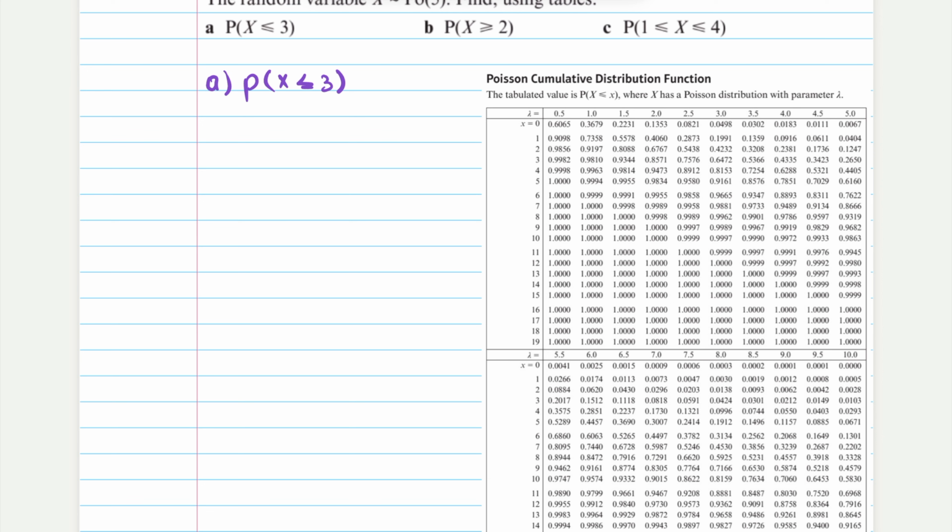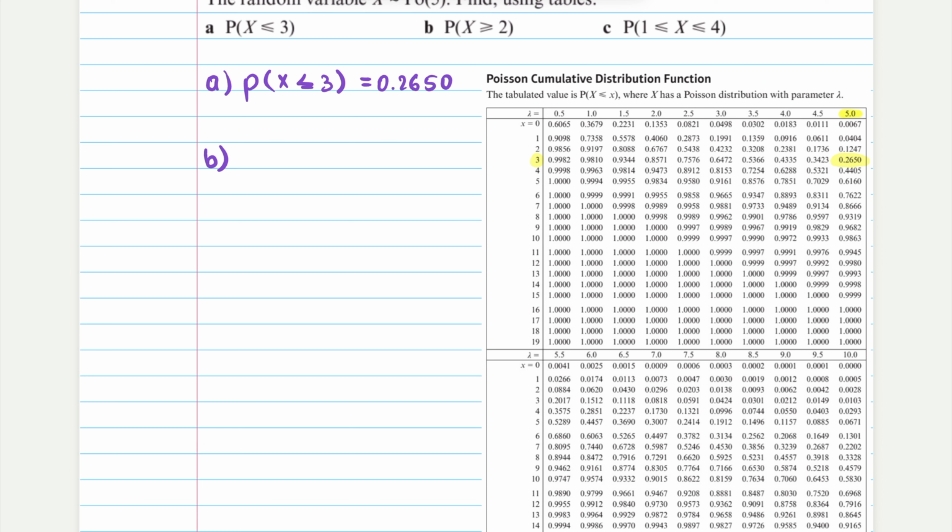So lambda being 5 is here, and we want x being less than or equal to 3. So the sum of the probabilities up to 3 is here. So the intersection is 0.2650. So the probability of x being less than or equal to 3 is 0.2650.